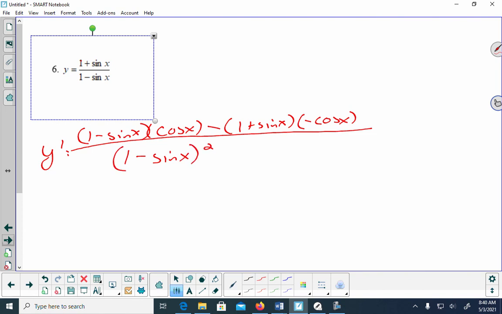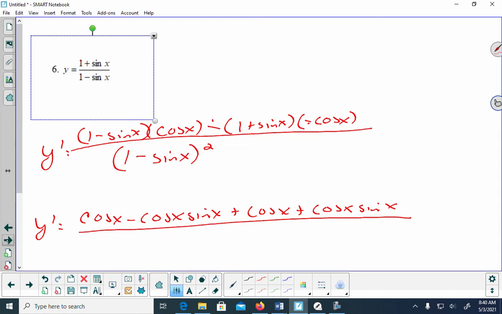So when I clean this up a little bit, I'm going to have cosine of x minus cosine x sine x. Then this negative times this negative will make it a positive, so then I'm going to have plus cosine x plus cosine x sine x, and this is all over 1 minus sine x squared.